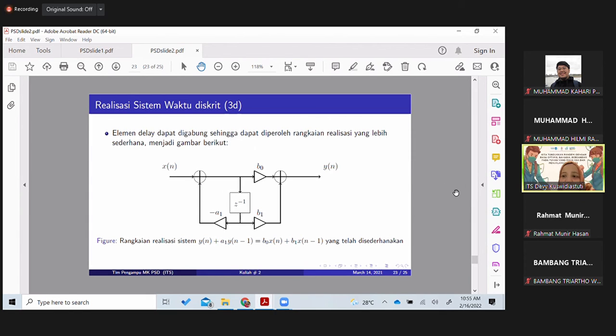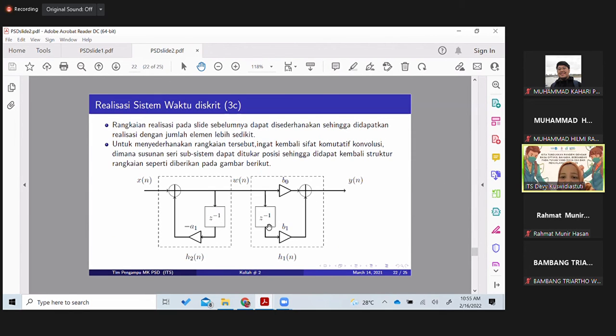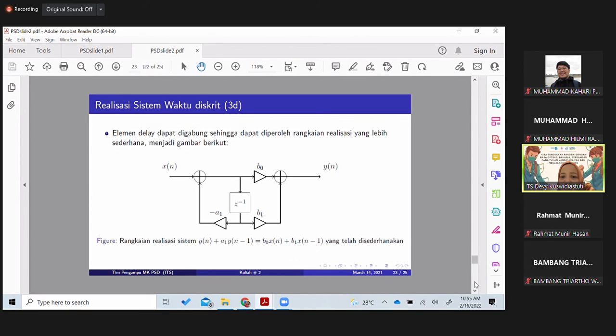So it's like merging these shift registers, becoming only one shift register, both for storage of the input at one previous sample.